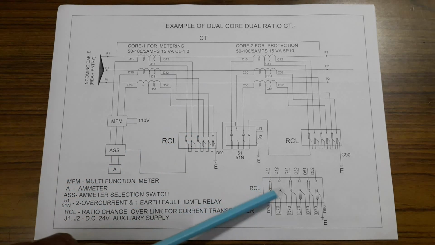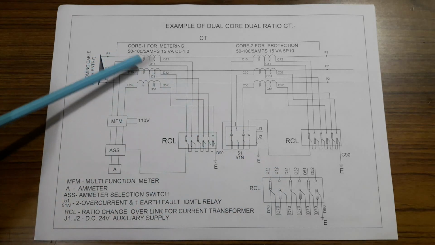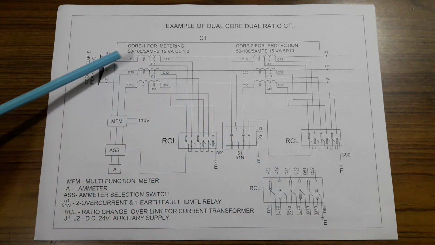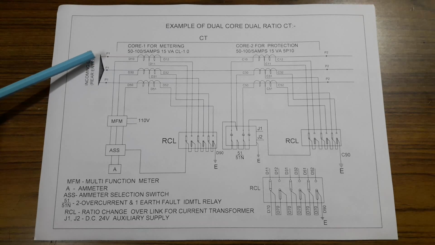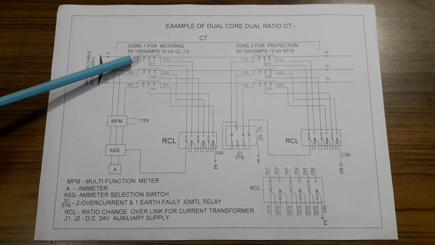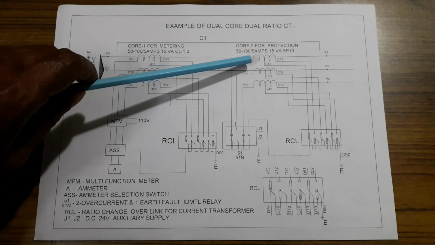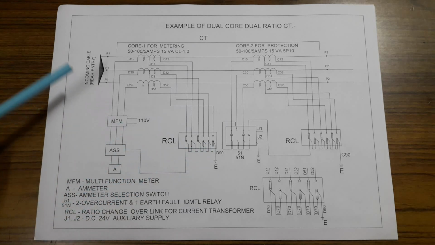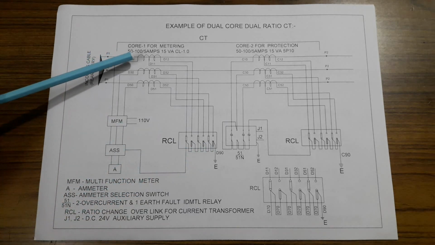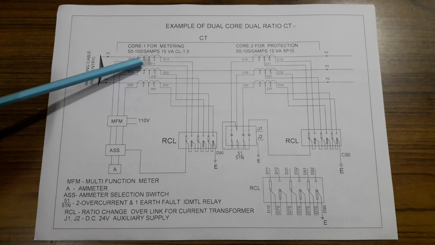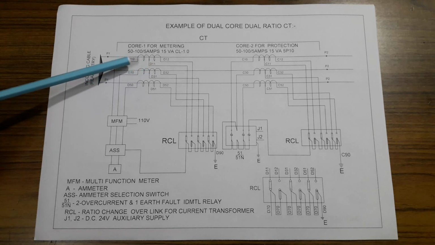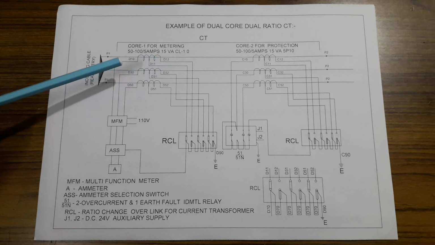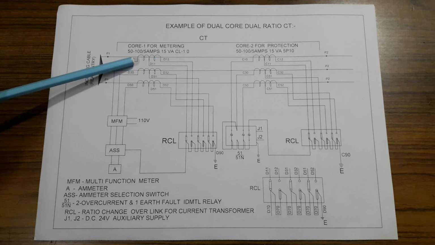This link is open, this link is closed. Means for primary current 100 ampere, we provide these two taps through the link setting. These two taps are for 50 ampere and these two taps are for 100 ampere.